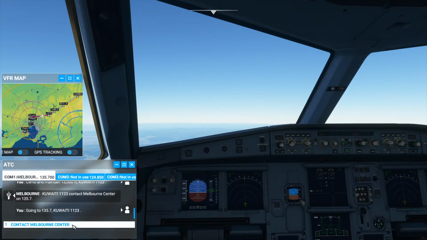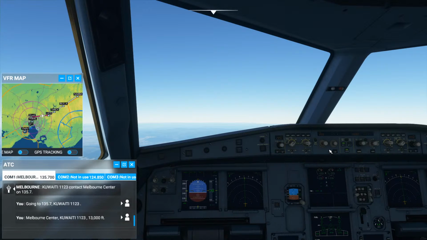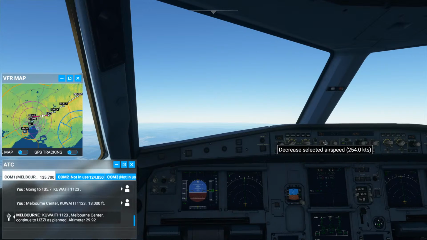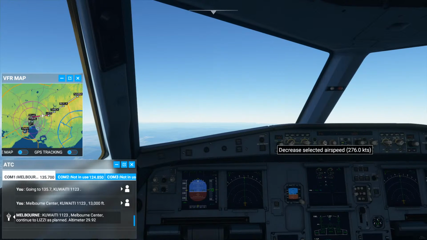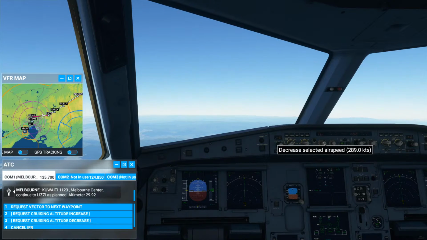Okay, Center, contact. Melbourne Center, Kuwaiti 112 tree, 13,000 feet. To improve speed a little bit. Kuwaiti 1123, Melbourne Center, continue to Libby as planned. Altimeter 29.902. So you can arrive in a short time. 300 knots is good.